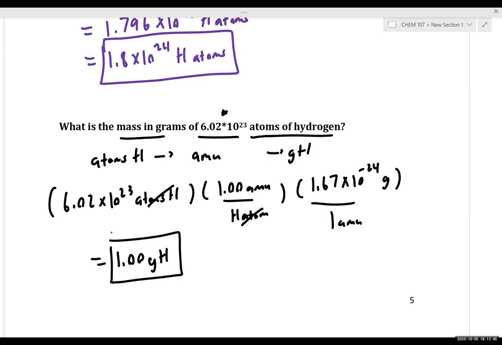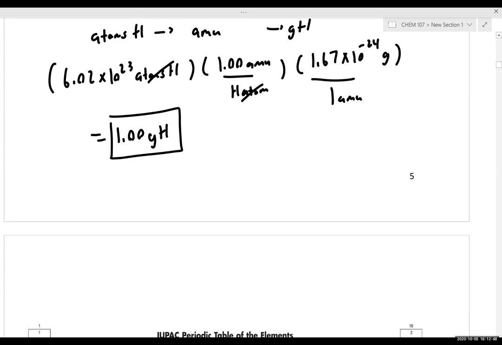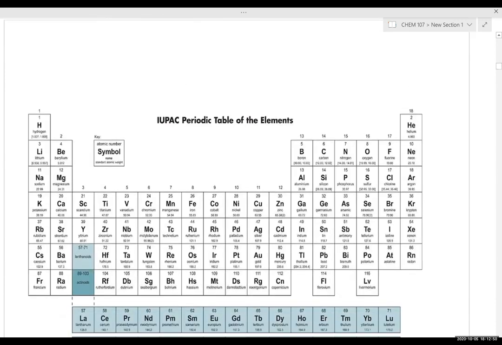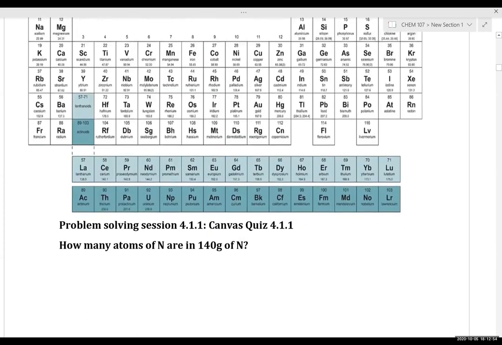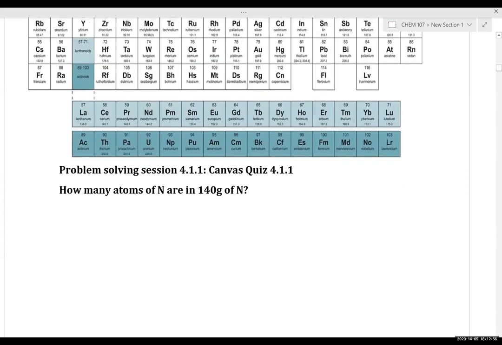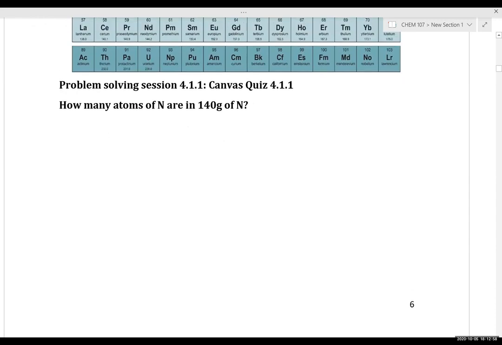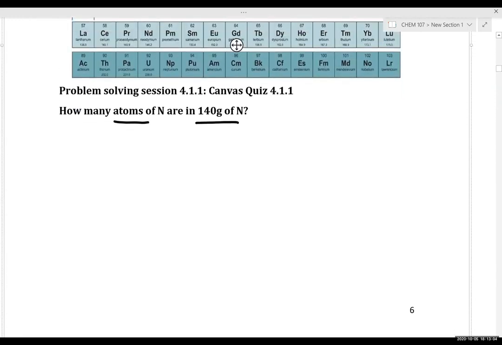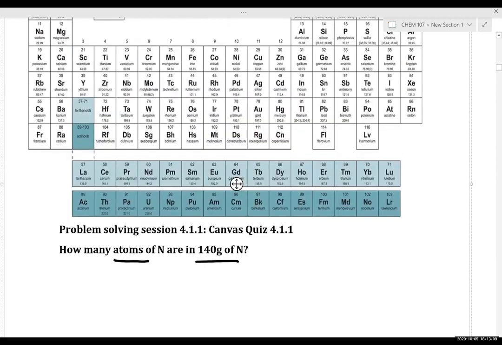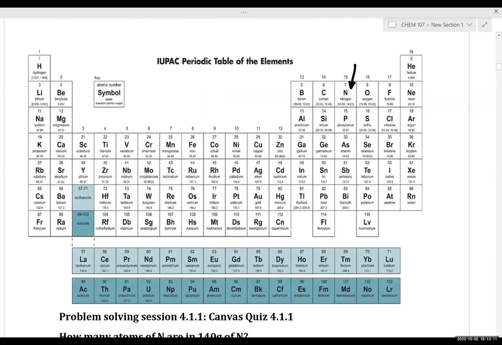Yes. Perfect. So to check that everyone's comfortable with these topics, I've provided you a periodic table, and now I'd like you to solve the following problem: how many atoms of nitrogen are in 140 grams of nitrogen? And remember, you need to use your periodic table to find your atomic masses.